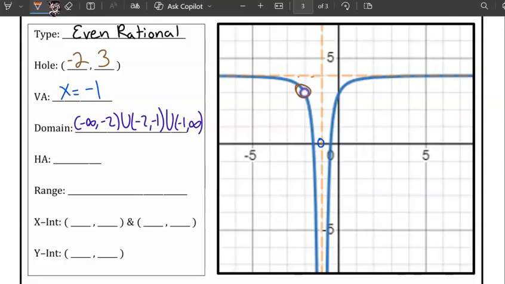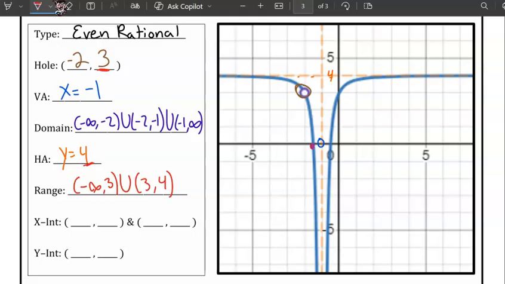We have a horizontal asymptote at y equals 4. The range will be everything beneath 4 except for 3. We write that as -infinity, comma, 3, union 3, comma, 4.